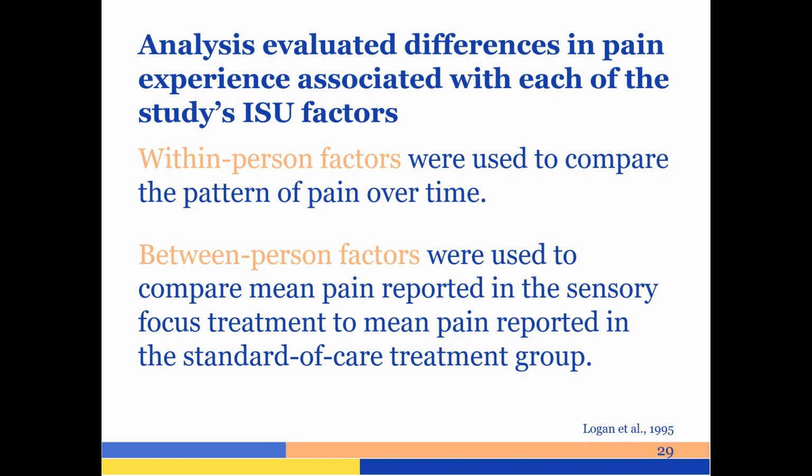The between factor is the intervention versus non-intervention, which allowed researchers to compare the pain reported by the intervention group to the pain reported by the control group. The within by between design allows us to see patterns of differences in pain over time based on treatments. This time, the interaction that is being explored here is treatment by time.